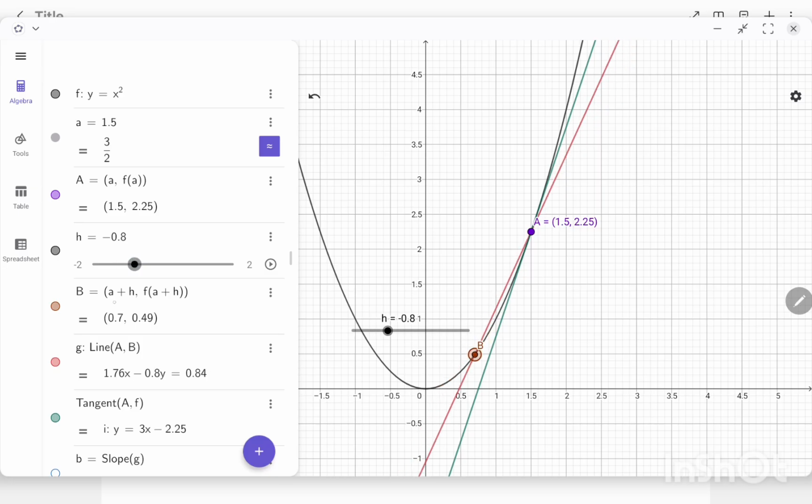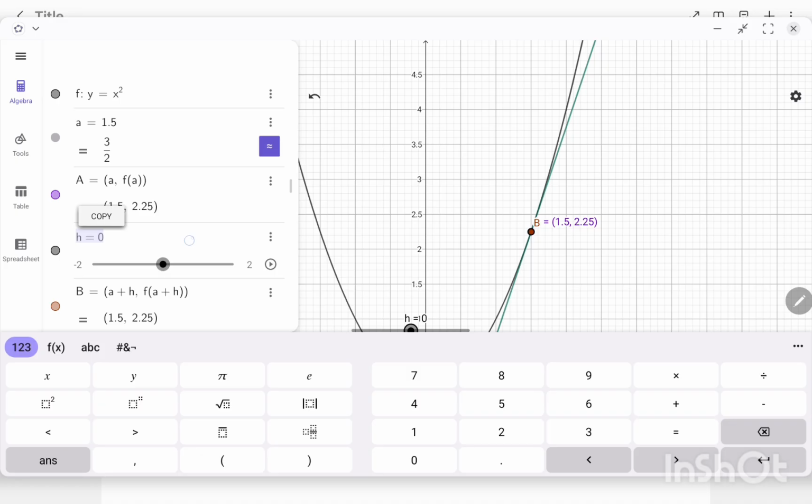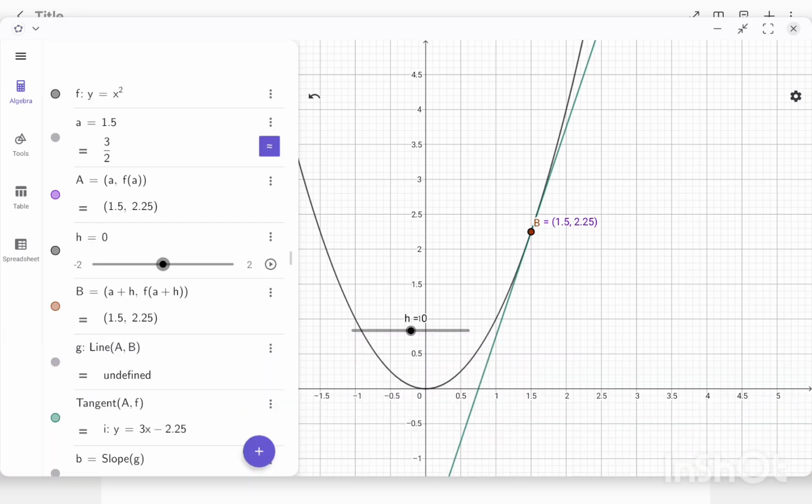So when we adjust the h value, B moves. And when B moves towards A, that is when h approaches 0, then we understand that the line is becoming the tangent at A, because B coincides with A. So the secant is becoming the tangent.